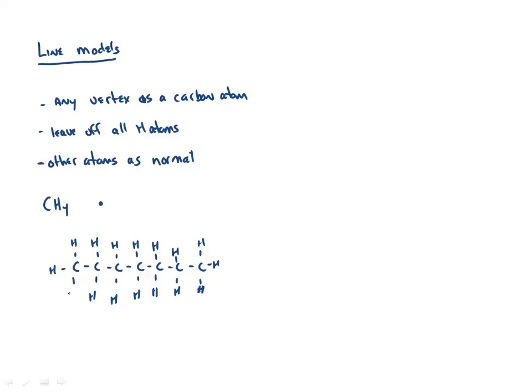So instead, instead of having 7 carbons like that, we'll simply draw a zigzag line with 1, 2, 3, 4, 5, 6, 7. That is the same thing. And notice I leave all the hydrogens off, so it's a lot less work. Notice it's a lot cleaner than my Lewis structure.